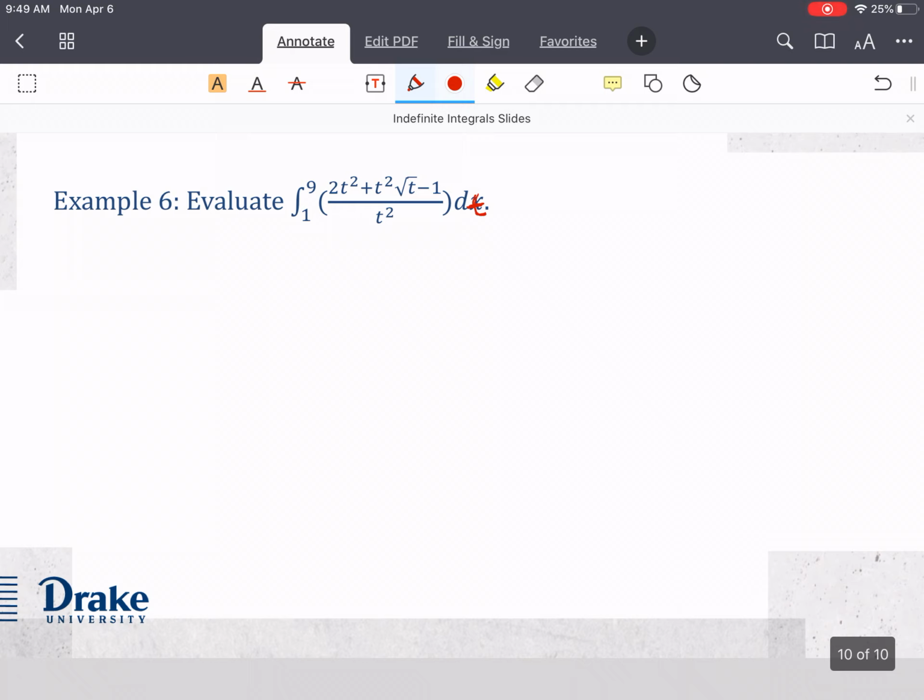All right. So what we're going to do is, because it looks like almost every term at the top has the t in it, it might be useful to divide every term by t squared and then try to simplify from there. So I'm going to rewrite this expression as 2t squared over t squared plus t squared times root t over t squared minus 1 over t squared dt.